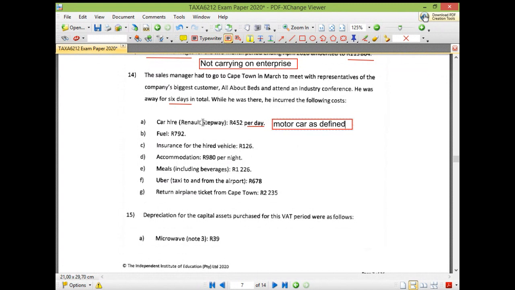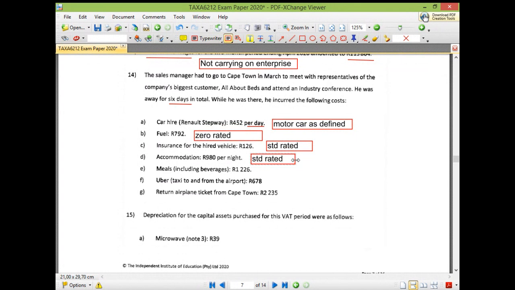Your fuel is 0 rated. Your insurance, we said, is standard rated. Your accommodation is also standard rated because he was away for work, so that is not seen as entertainment.